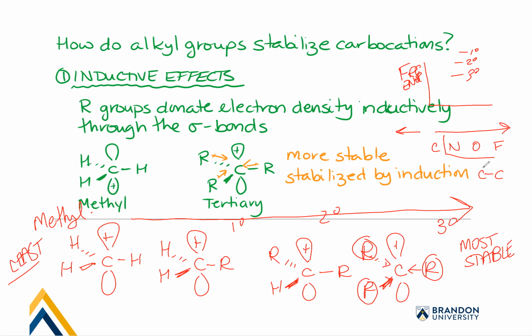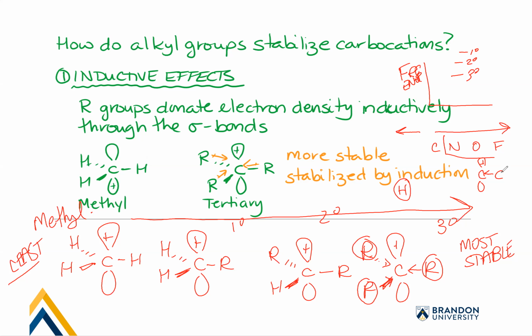And if this carbon is actually missing electrons because it's got a positive charge, then the other carbons can help compensate by donating electrons towards it. Whereas when you've got a little proton, the proton's just got less electron density to donate because there's only 2 in the bond.